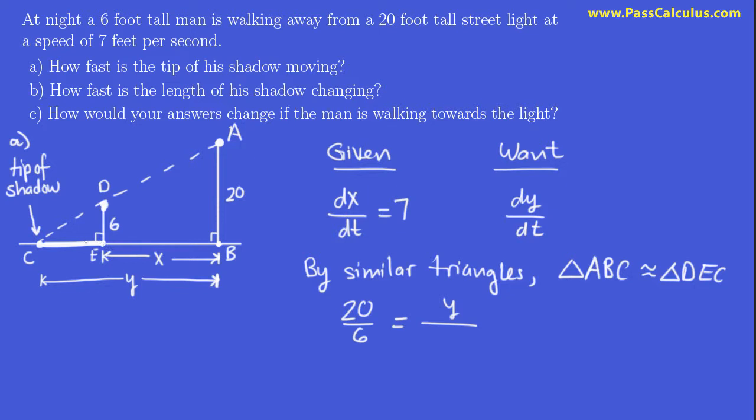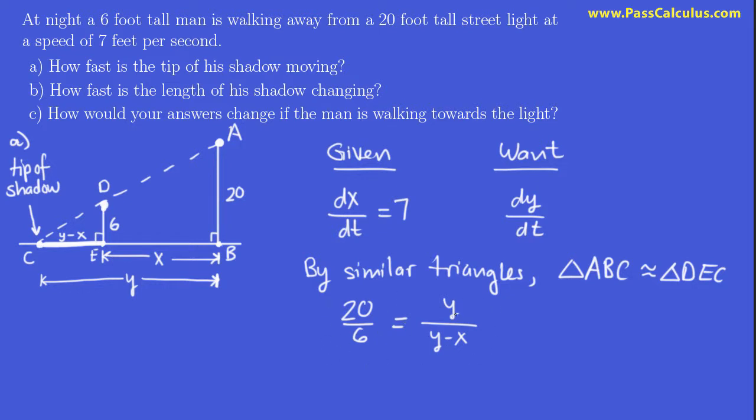Well, if this entire thing is Y, and this part is X, right here is going to be Y minus X. This long side, BC, is length Y, and this little side EC is length Y minus X. And so that ratio is equal to this ratio. So there's our main equation.